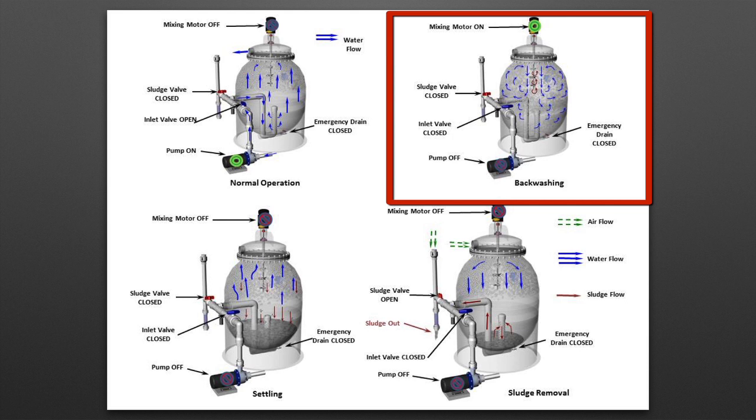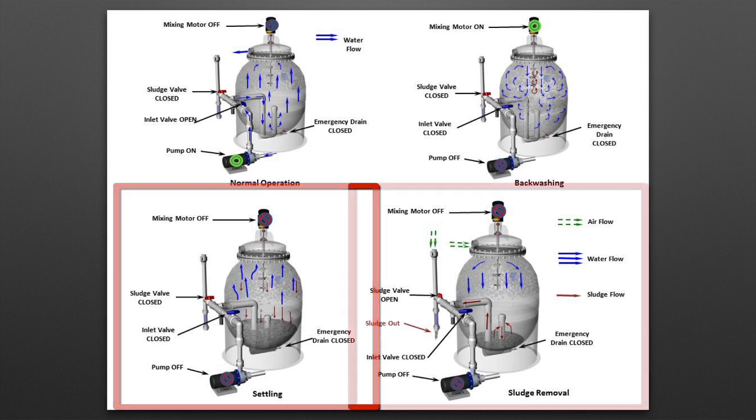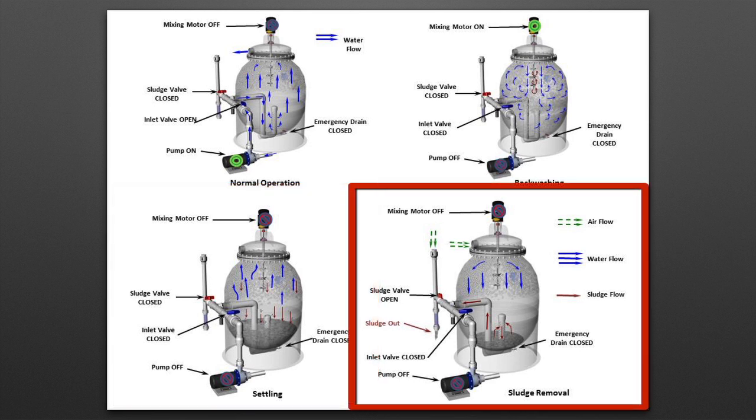So you would turn the pump off and turn on your propeller on the top and churn the beads, which would break up the solid waste that's been trapped. And then you would turn off the propeller and allow the solids to settle to the bottom, and then you would discharge the solids out the bottom of the filter.